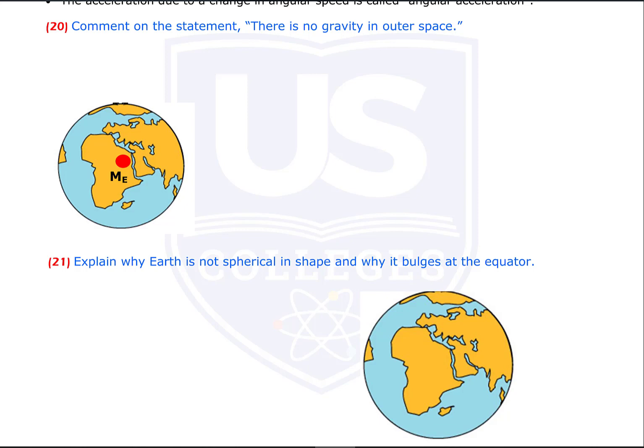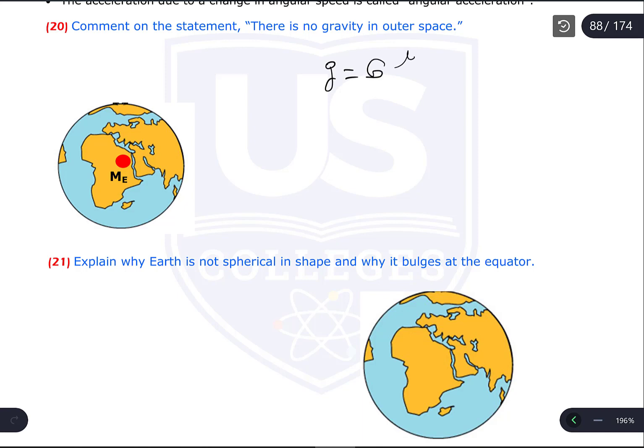This object can be a planet, or it can be a star, or it can be a moon. And we know the equation for gravitational acceleration or gravity. g is equal to capital G multiplied by mass of the planet divided by the radius squared of the planet.